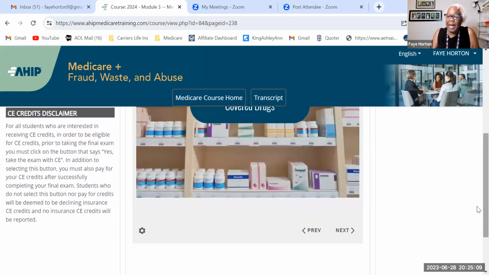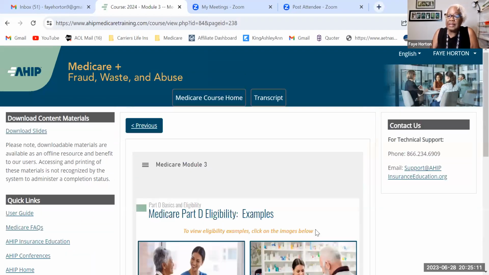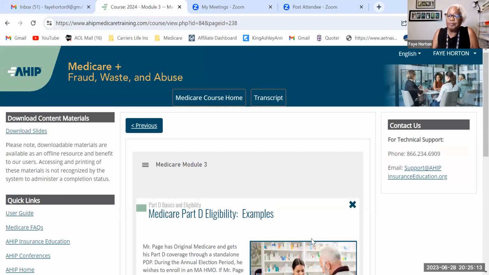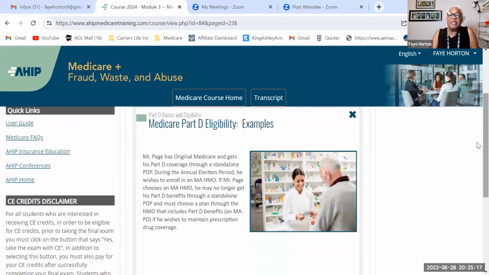I'm going to go back to look at the second example. Okay, the second example was Mr. Page has original Medicare and gets his Part D coverage through a standalone prescription drug plan. During the annual election period, he wishes to enroll in an MA HMO.